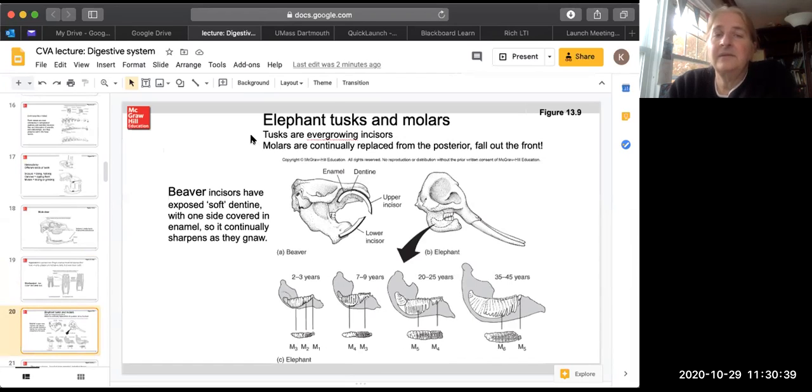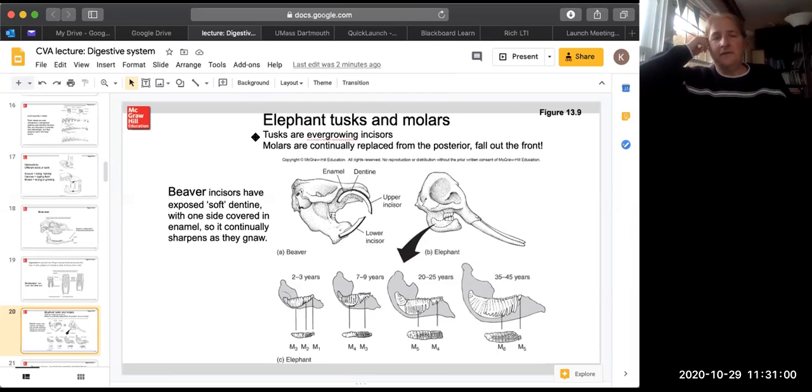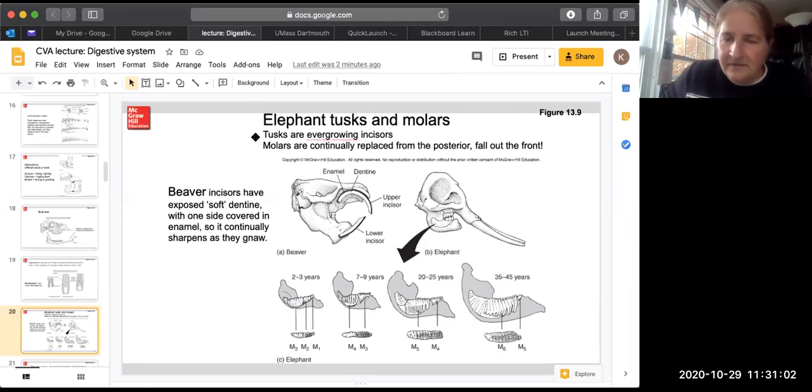The way they get around their worn out teeth from eating grass and constantly being abraded is that they will continually replace their molars from the posterior, and then the teeth actually will fall out the front.